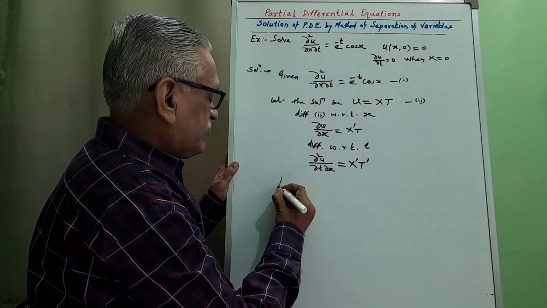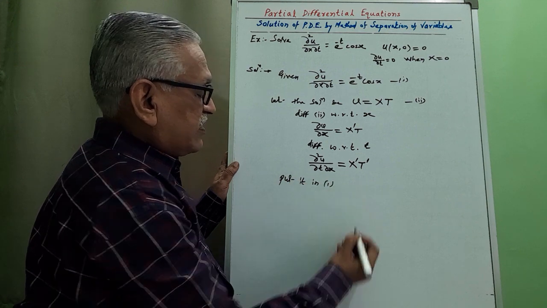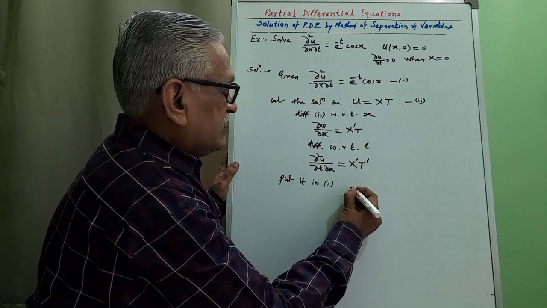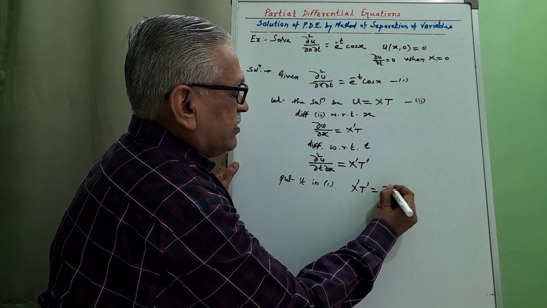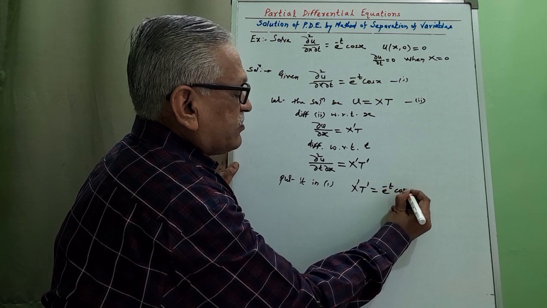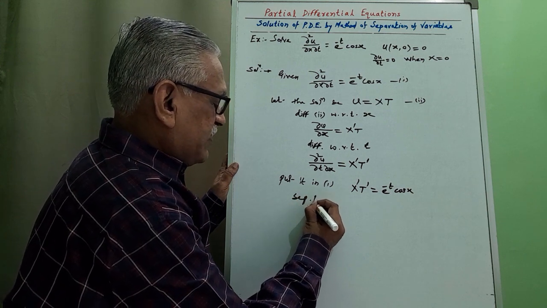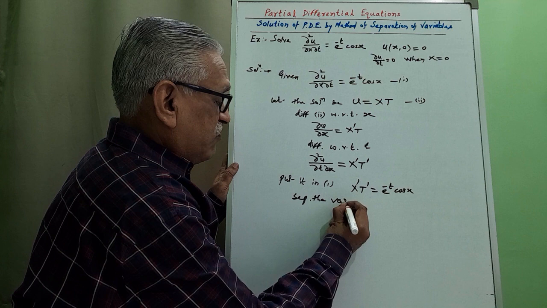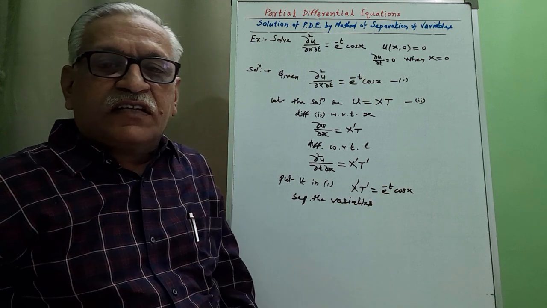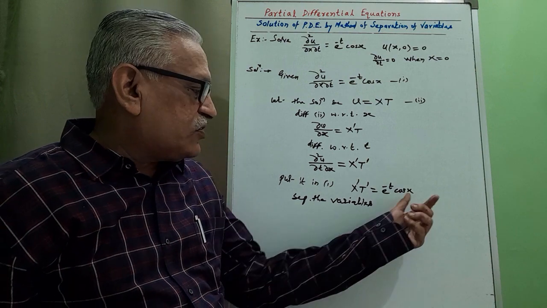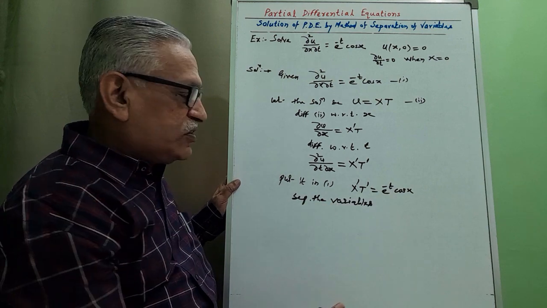Equation 1 becomes, putting it in 1, we get X' T' = e^(-t) cos x. Then separating the variables, collecting the terms of X' and functions of x on one side and e^(-t) and T' on the other side.